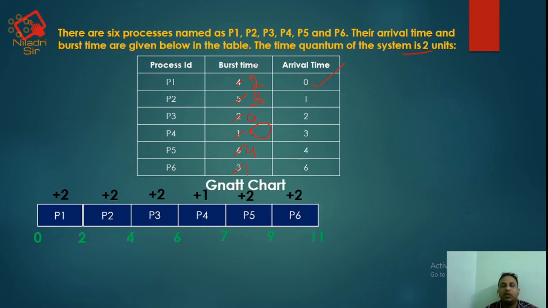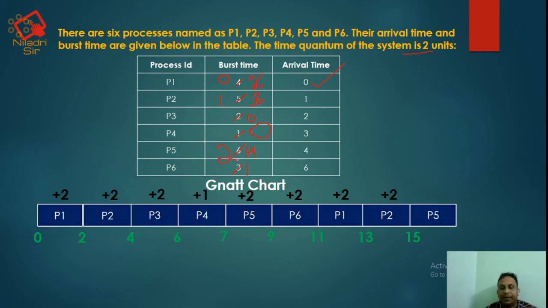Okay. So again P1 will start its execution and this 2 will be 0. And for P2 it will execute for 2 microseconds. So this 3 will be 1. Okay. For P3, the process has been completed. P4 also completed. Next for P5, P5 will execute for 2 microseconds. Okay. Next P6.